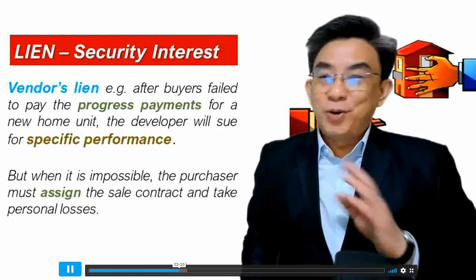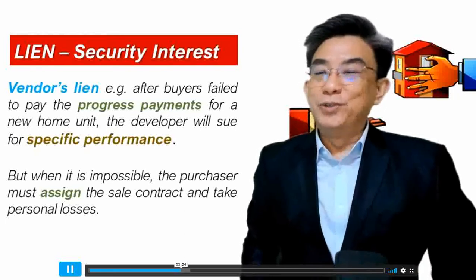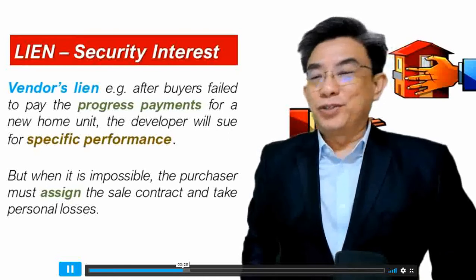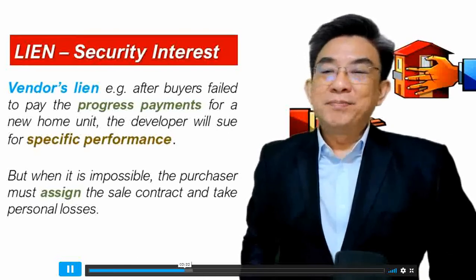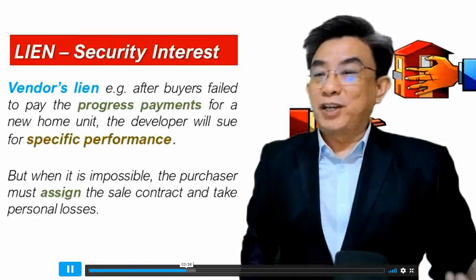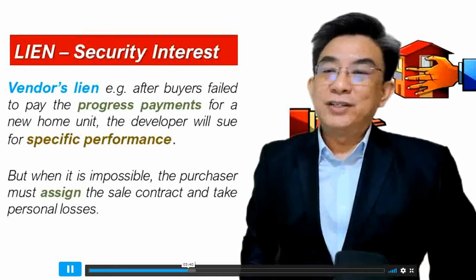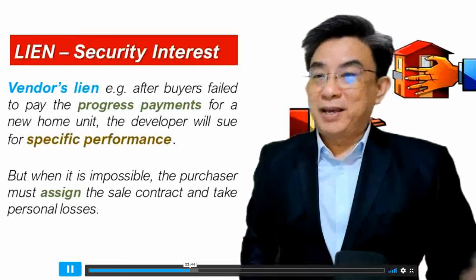Now, the developer won't want to take back the condo, because this usually happens during a crisis or a recession, like what we saw in 1998 when the Ardmore Park buyers, because of the political chaos after Suharto fell in Indonesia, went into hiding. So the developer asked them to pay up.